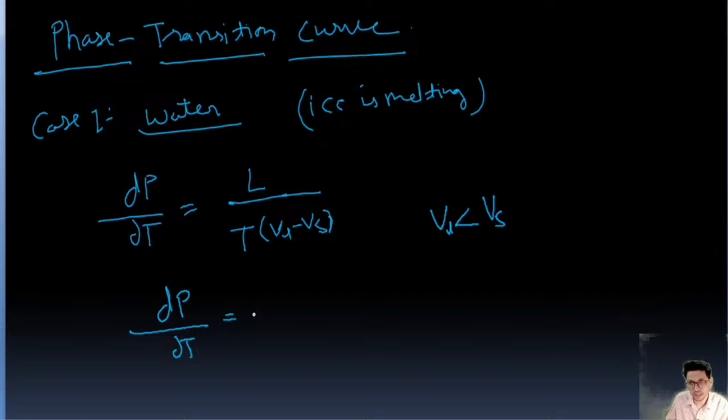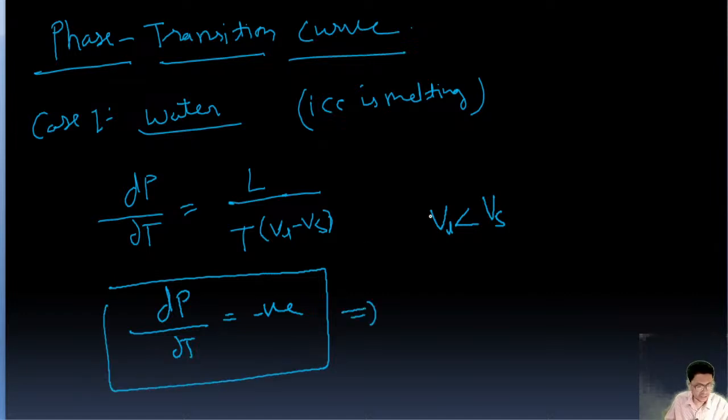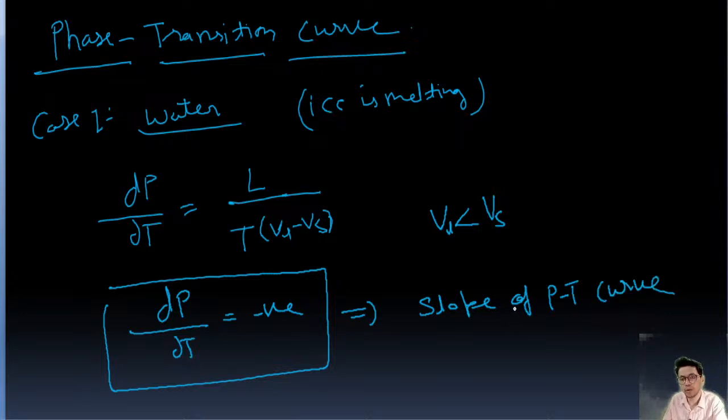This means the slope of the PT curve, the phase transition curve, is negative. So this is the melting.